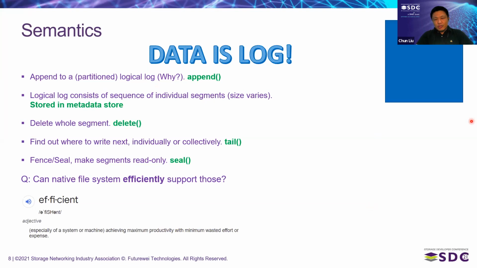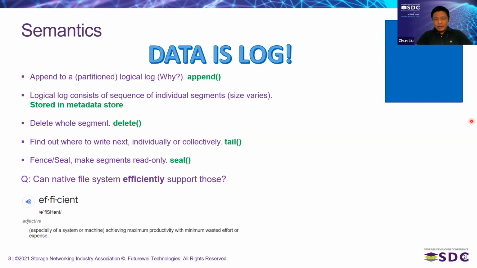So the common traits, number one, all implementations are log-based. They all use append to persist incoming data. Why? Obviously, for stream processing, data comes in as a stream, thus naturally the append semantics. Also, sequential write is the fastest way to write for both HDD and SSD, and it's going to be the fastest method to write for persistent memory as well.